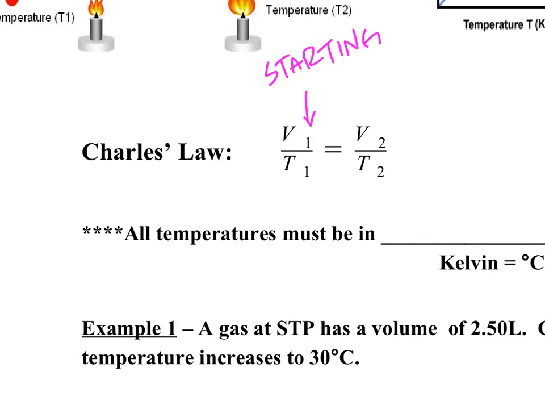So this is the starting or original volume and temperature, and the twos are referring to the new volume and new temperature. Just keep that in mind. The ones will be together and the twos will be together, because you're comparing the starting volume and temperature to the new volume and temperature, and we can set up a proportion based off of that. I'll show you how to do that.